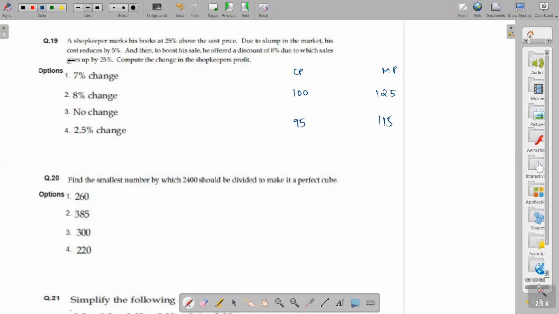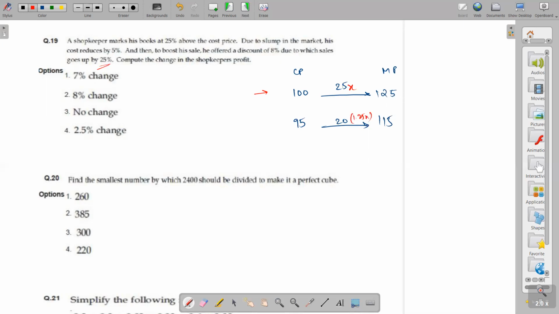Due to which sales increase by 25%. We have to find the change in the profit. Over here, the profit is 25. Over here, the profit is 20. Let's say in the first scenario, he sold x number of books, and in the new scenario, he will sell 25% more, 1.25x.